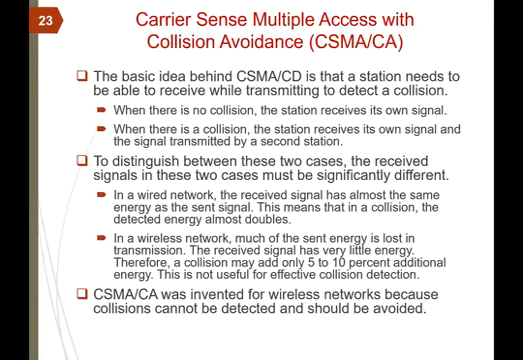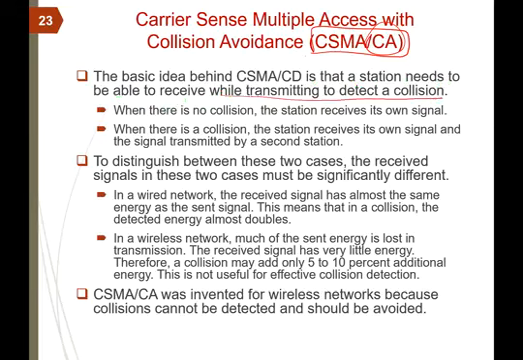There is another protocol, still used in wireless networks, carrier sense multiple access with collision avoidance. In this protocol, we want to prevent collisions. The basic idea is that a station needs to be able to receive while transmitting to detect the collision.